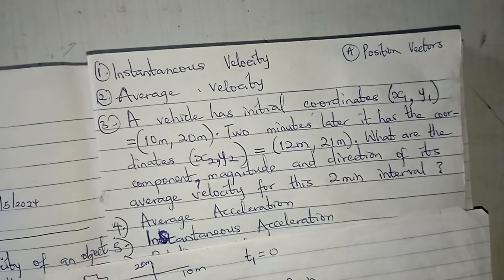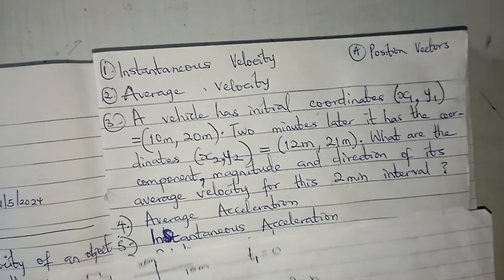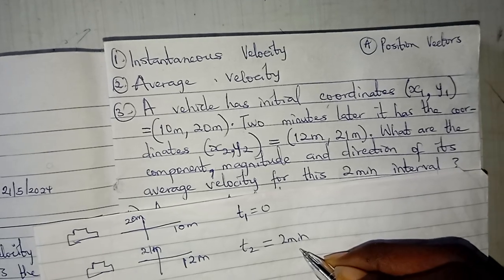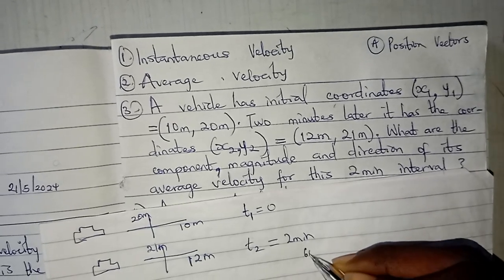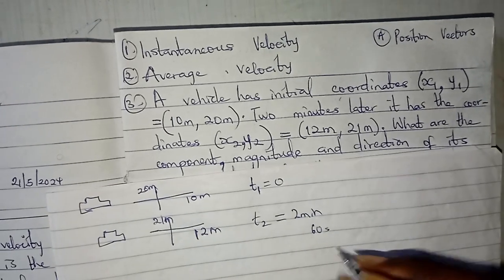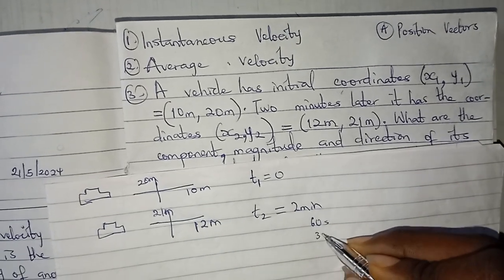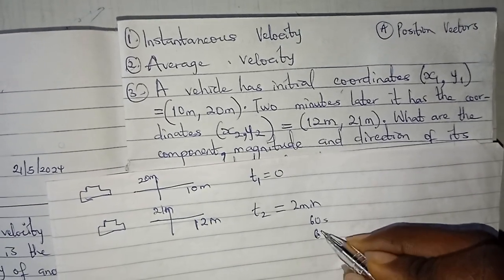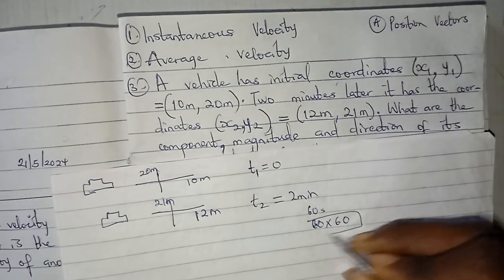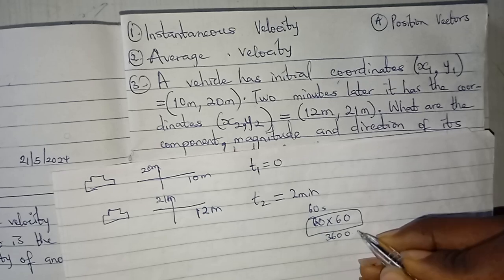Okay, so watch, we know that a minute is 60 seconds, while 1 hour is 60 seconds times 60 minutes, which is 3600 seconds.